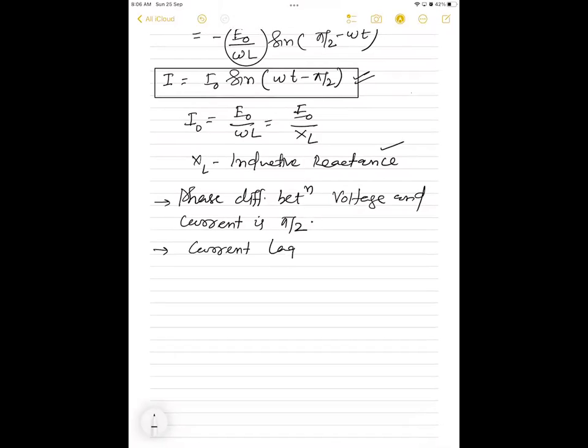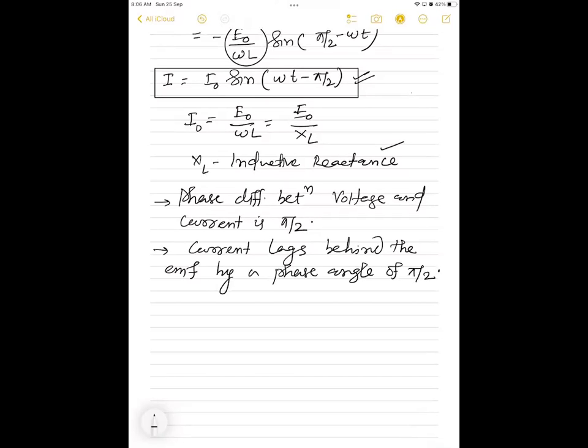Current lags behind the EMF by a phase angle of pi by 2. Correct?